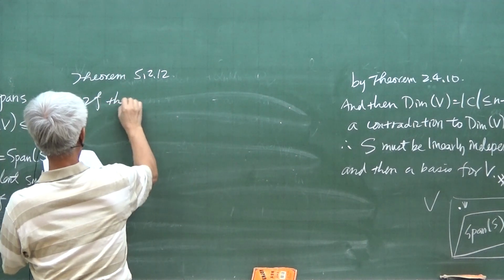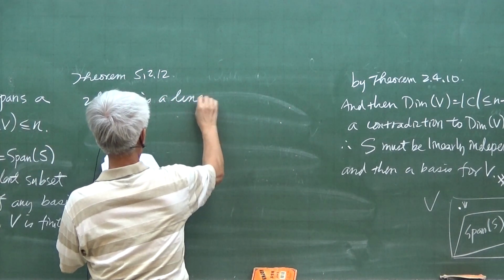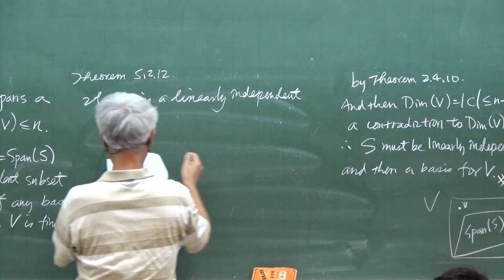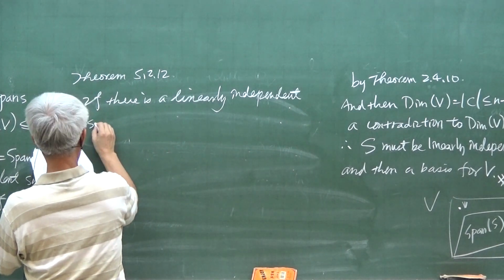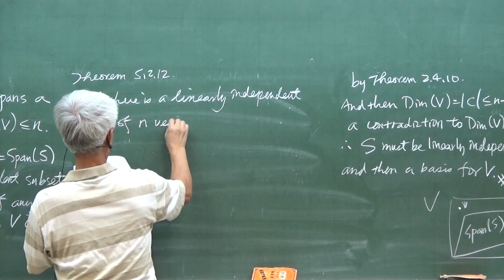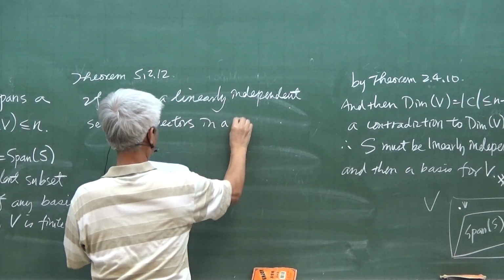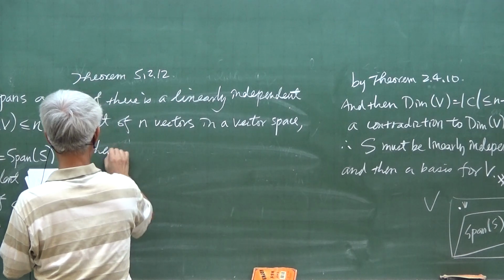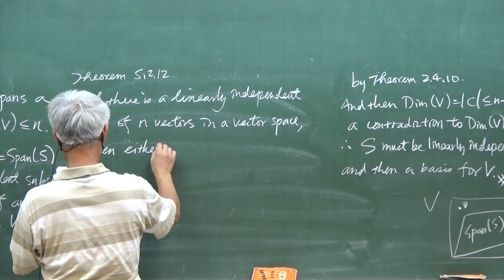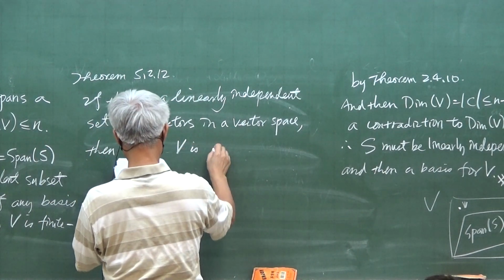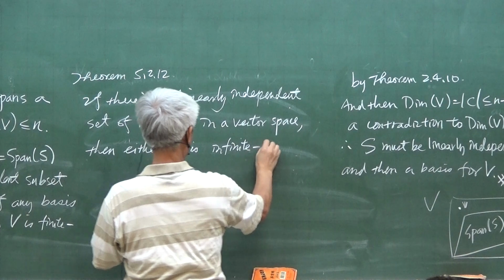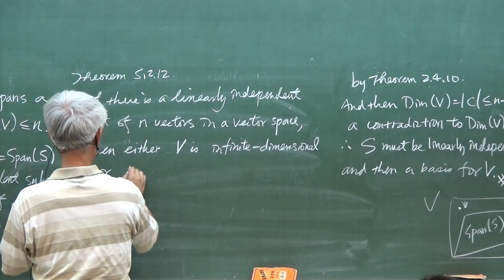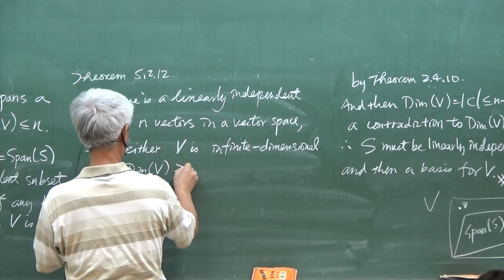So if there is a linearly independent set of n vectors in a vector space V, then either V is infinite dimensional, or the dimension of V is greater than or equal to n.